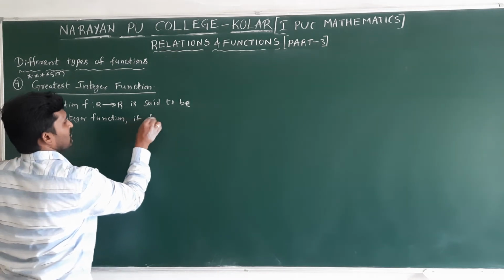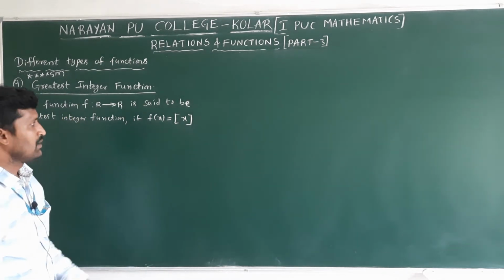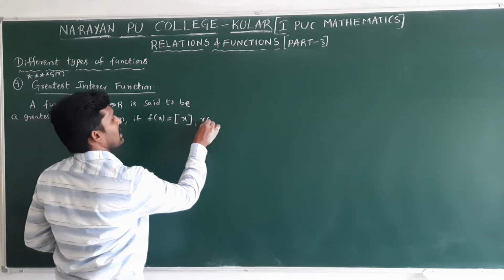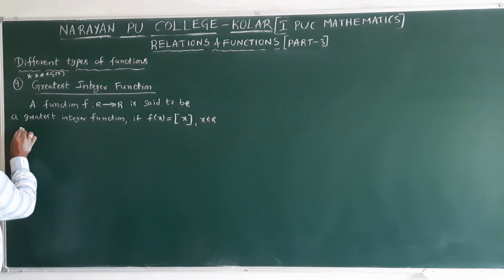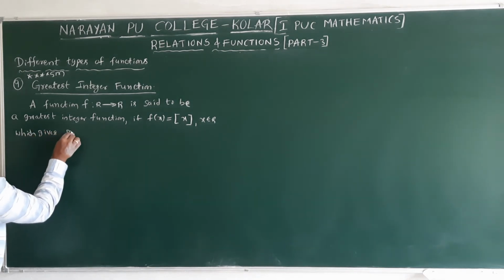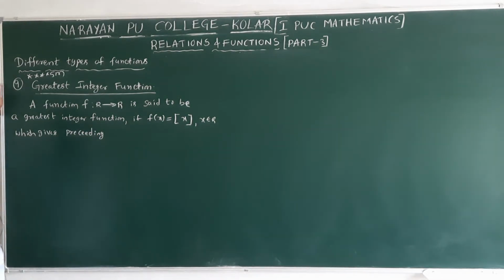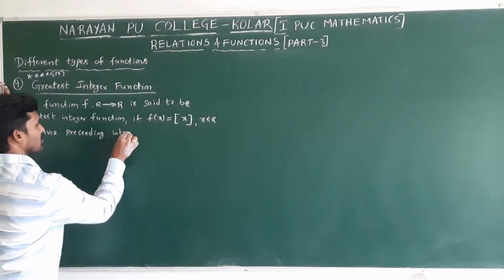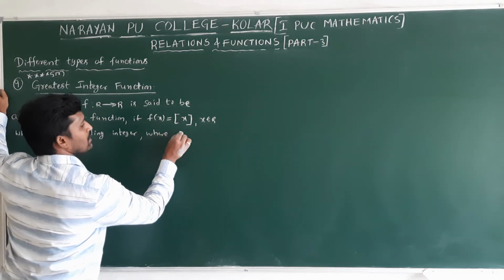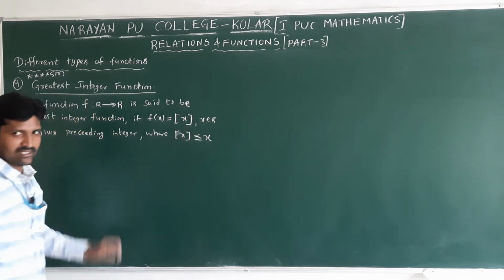if f of x equal to step x. How to read this one? Step of x, where x belongs to R, which gives preceding integer, and where step x is always less than or equal to x.